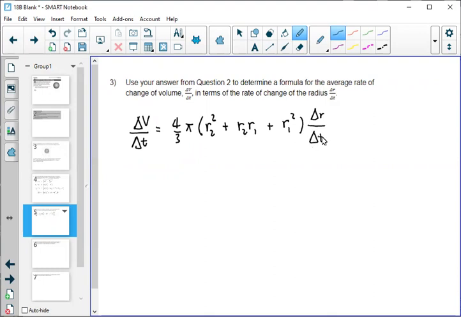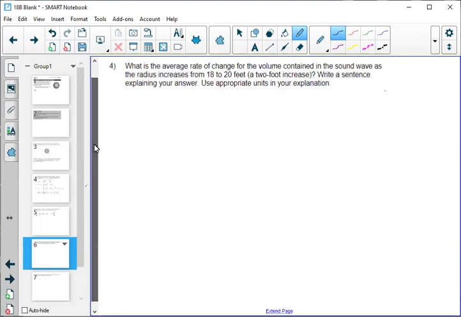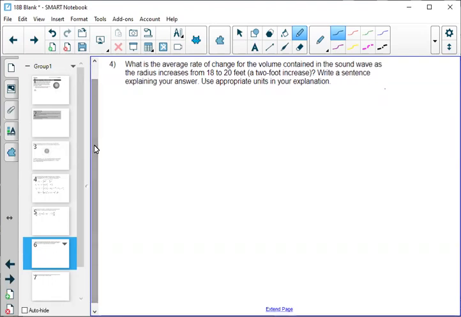4. So what is the average rate of change for the volume contained in the sound wave as the radius increases from 18 to 20 feet? A 2-foot increase. Write a sentence explaining your answer. Use appropriate units in your explanation. So let's see, I'm going to scroll down a bit.